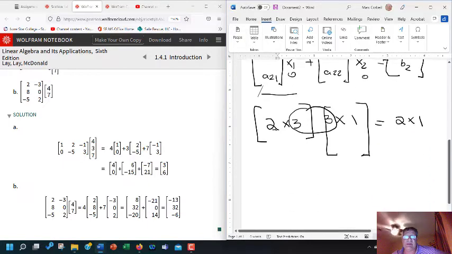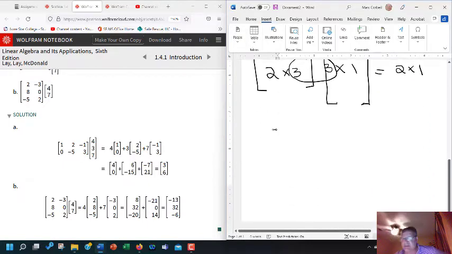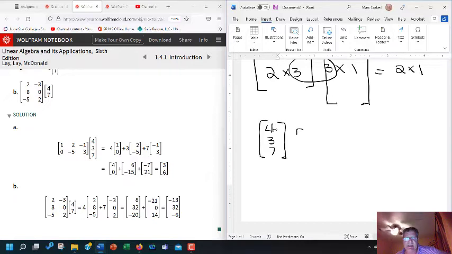This is extremely important. If we were to try to do something in reverse, for example, if we tried 4, 3, 7 times, in this case, 1, 0, 2, minus 5, minus 1, 3, which one comes first really does matter. If we try that, this is a 3 by 1, and this is a 2 by 3.